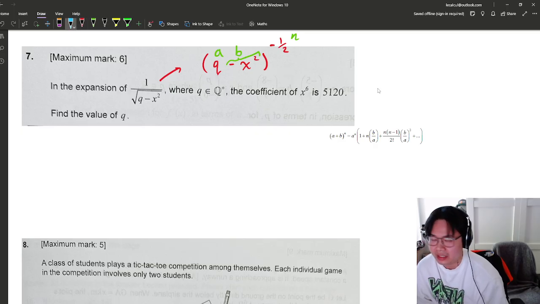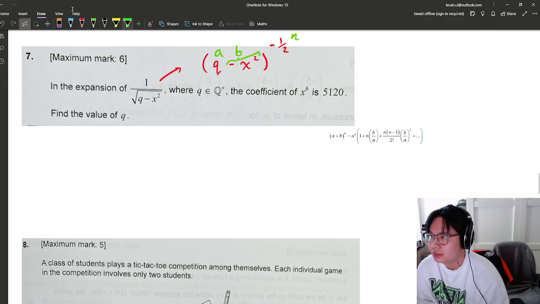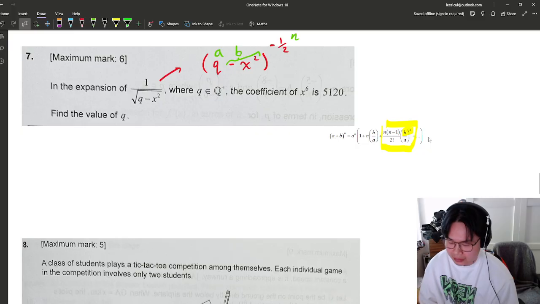So we are looking at the term in the expansion that would expand to x to the power of 6. We're looking at this term right here, because if b is negative x to the power of 2, then, or no, not this term, the one after this term.